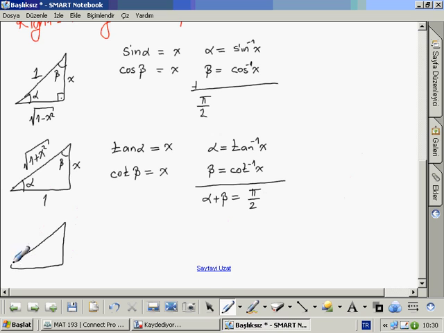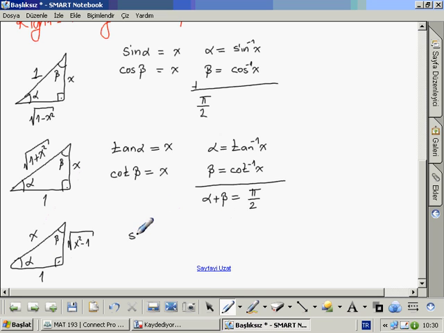and another interpretation, which is alpha, and this is beta, and the square root of x squared minus 1, this is 1, and this is x.